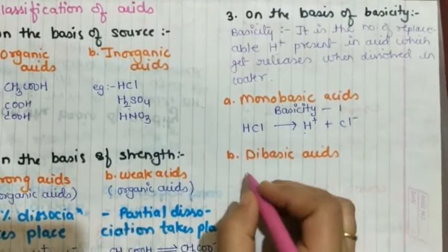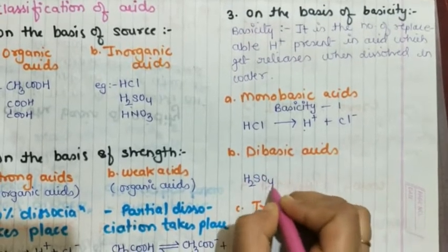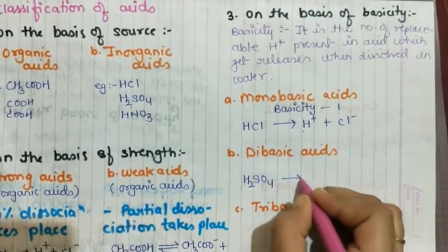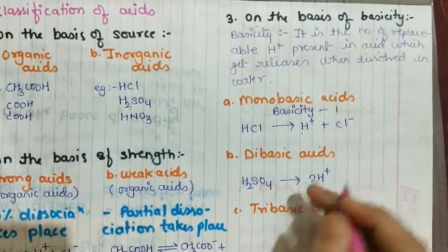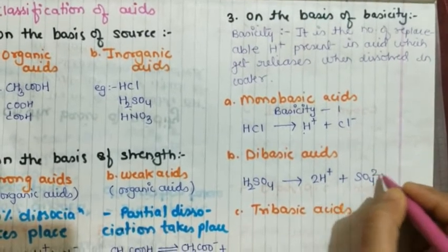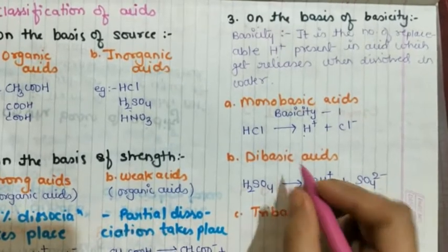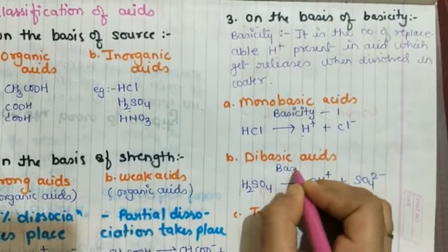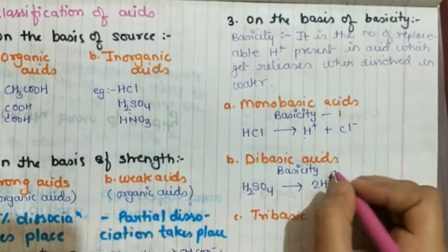If we talk about another example, dibasic acids, I will take sulfuric acid. There are 2 hydrogen ions, so it will release 2 hydrogen ions, forming 2 H plus and sulfate 2 minus. Now you can see the basicity will be 2 because it has 2 replaceable hydrogen ions.